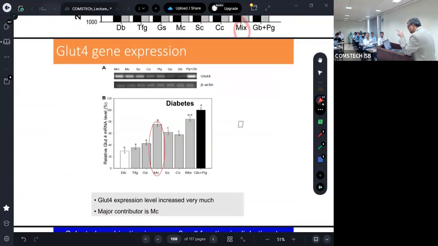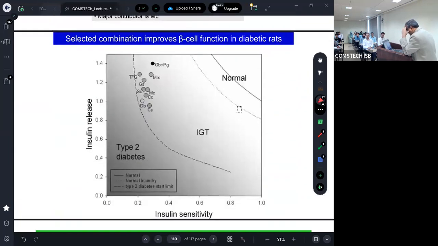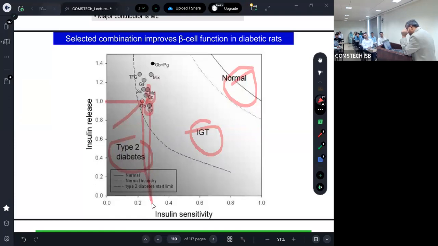In this mixture we also measured relative GLUT4 mRNA, the GLUT4 receptor. This is normal, this is IGT, and this is type 2 diabetes. In diabetes, insulin sensitivity is 0.2. Some components increase insulin sensitivity, while Gymnema sylvestre increases insulin release.